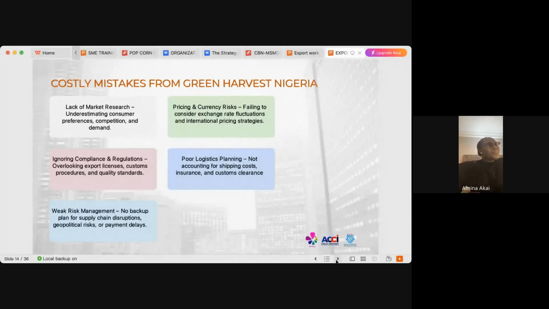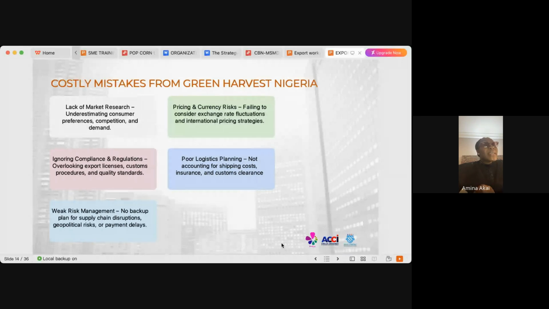So the mistakes Green Harvest made, one, they did not do market research, underestimating consumer preferences, competition, and demand. They did not research because they got one company which had decided to buy from them. They just jumped into the boat without doing proper market research.